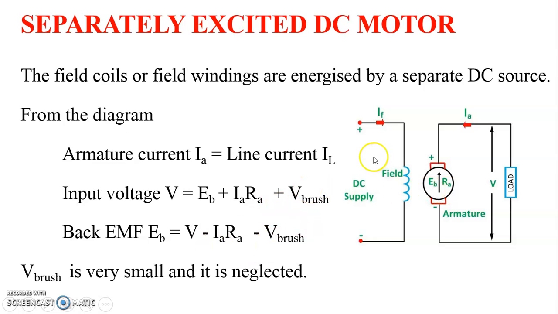So the back EMF of the separately excited DC motor, EB, is equal to V minus IA RA minus V brush. The V brush value is very small, so V brush is neglected. Then the input voltage V equals EB plus IA into RA, and the back EMF EB equals V minus IA into RA. So this is the input voltage and back EMF formula of a separately excited DC motor.